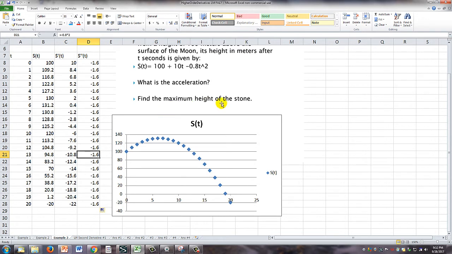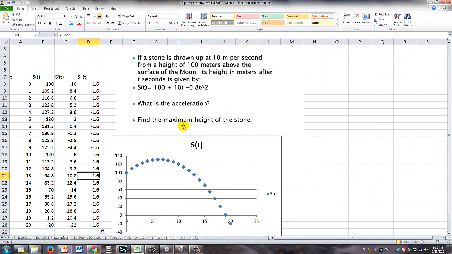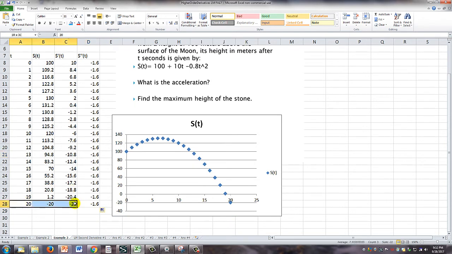And then to find the maximum height of the stone, do you remember how to find a maximum? You find a maximum by taking the first derivative and goal seeking the first derivative to 0.